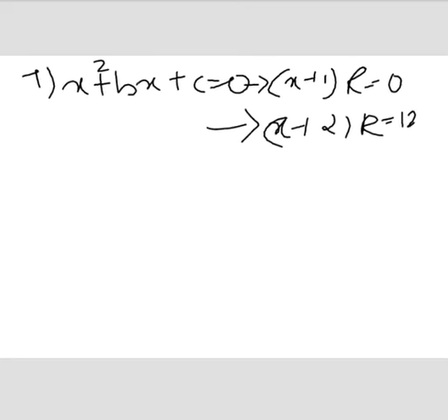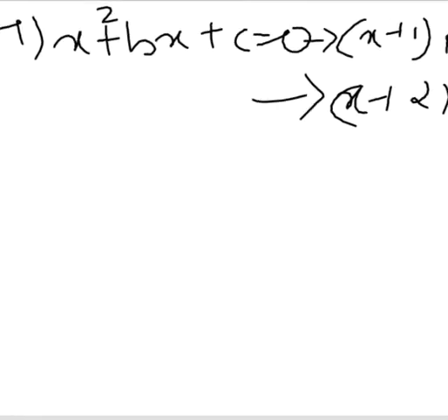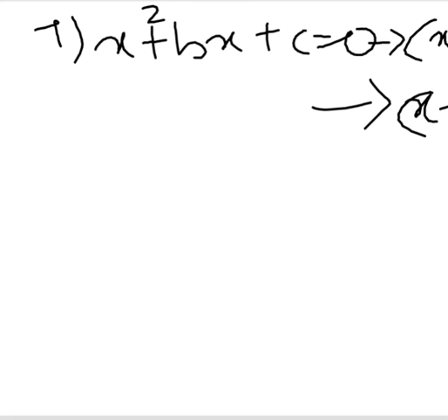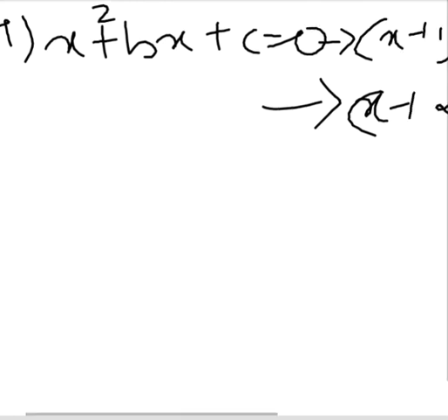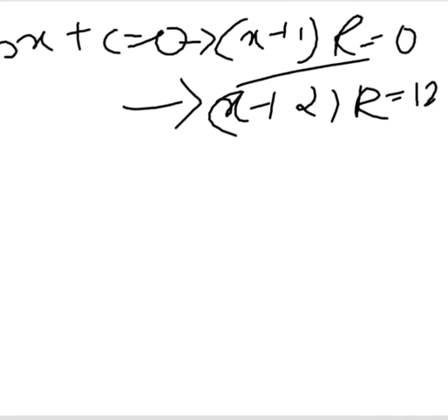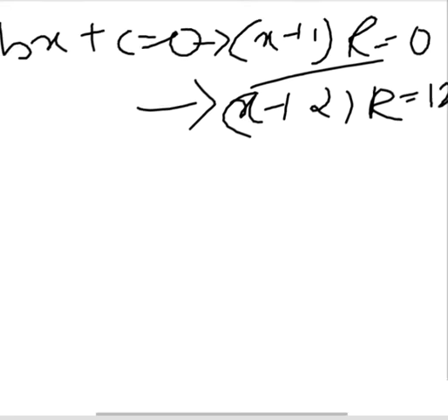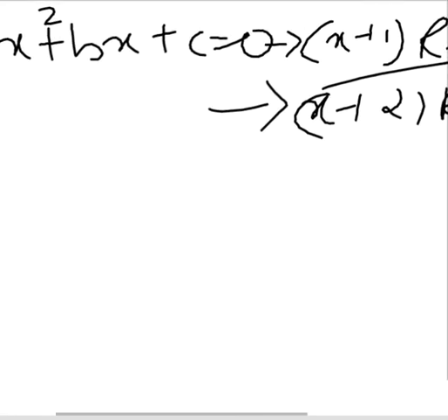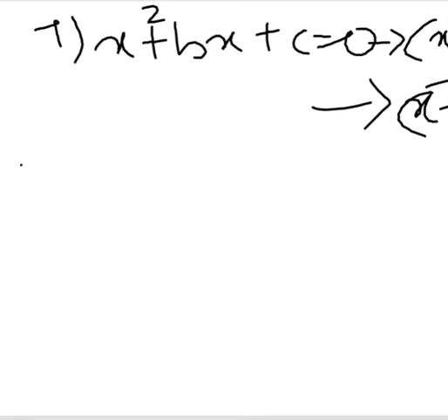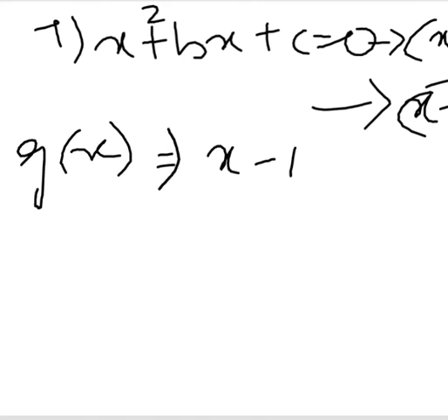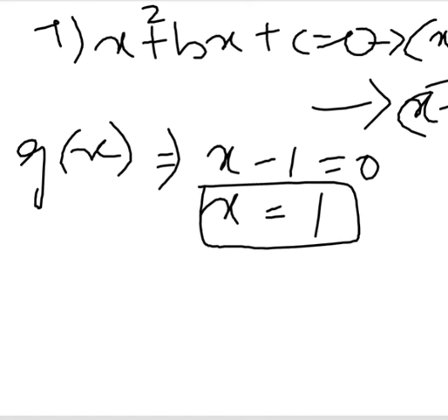Then the second step is that we have to take p of x and g of x. First we'll take the first one. We will substitute the value of x. g of x is x minus 1. When it is equated to 0, you get x equals plus 1, because minus 1 goes to RHS and becomes plus 1. Now in the equation just put 1 wherever you find x.